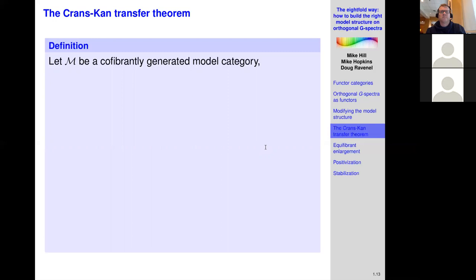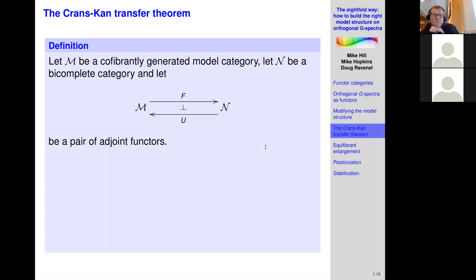So we start with a cofibrantly generated model category M, and another category N, which is bicomplete, that is, it's closed under limits and colimits. And let's say we have a pair of adjoint functors relating these categories. Now, let me repeat, M is a model category, N is not.